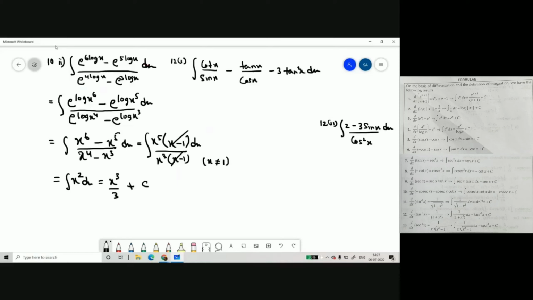Am I clear? Now let us see 12 part 1. Integration of cot x by sin x minus tan x by cos x minus 3 tan square x.